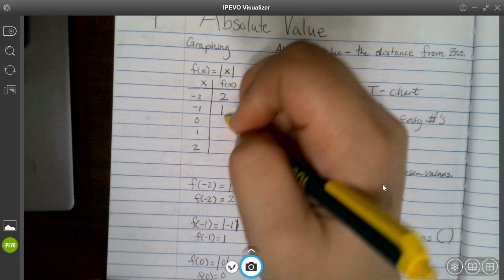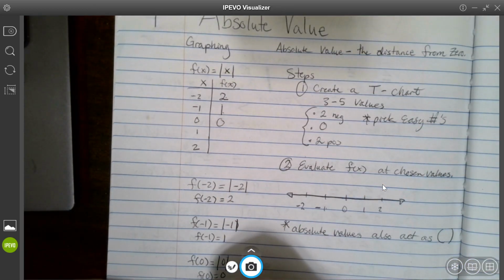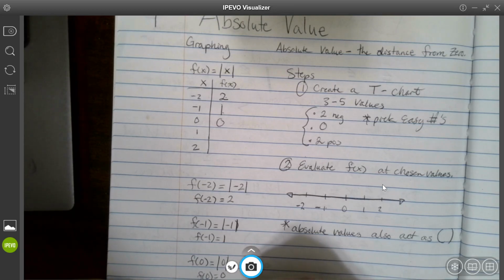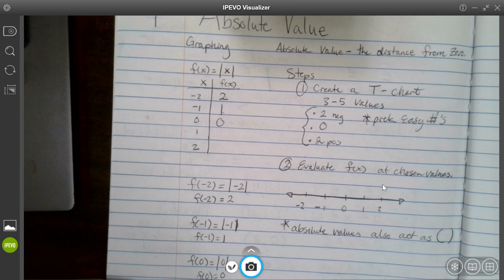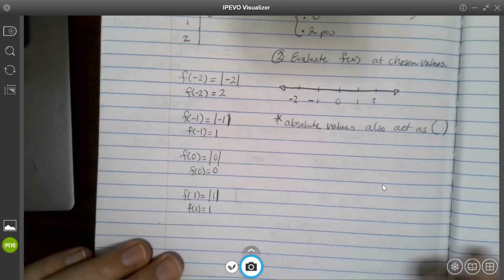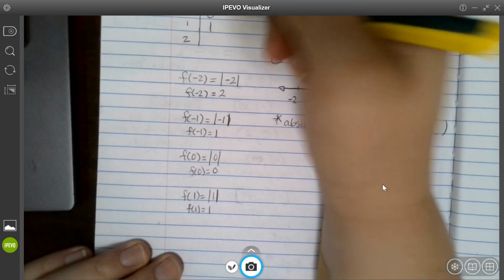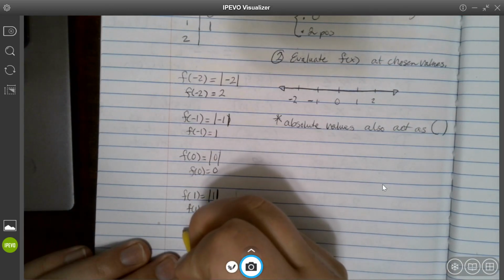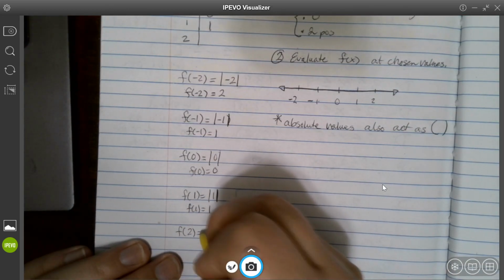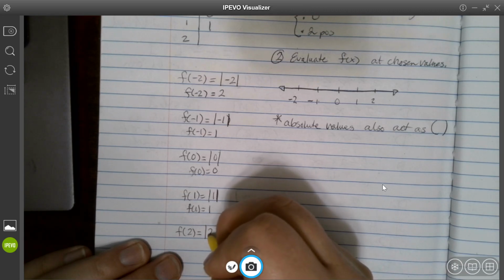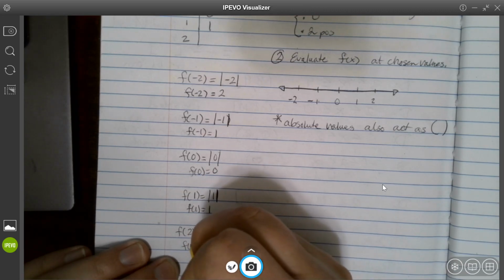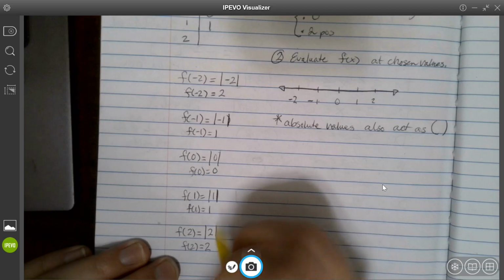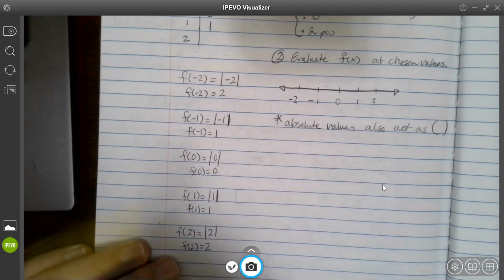Just 0. F of 1, oh, you can't see, I'm sorry. F of 2, and yes, I will expect you to have this in your journal, your work.